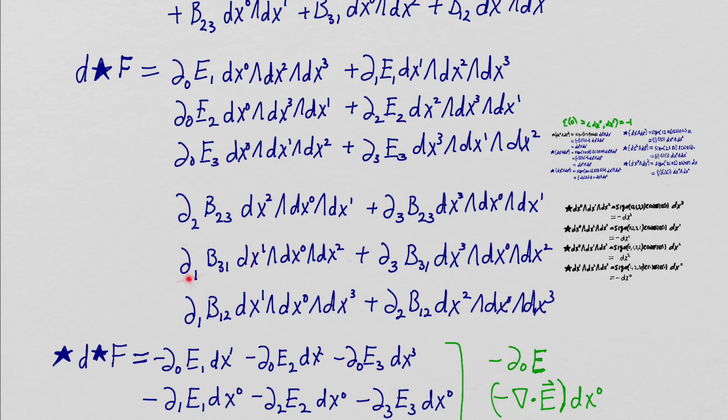And partial 1 of B 3 1. So these two are going to subtract once we realize we want to turn this into 0, 1, 2. So that's 1 flip and then 2 flips, so that'll be the positive term. And this will be 0, 1, 2, and then this will be the negative term with 1 single flip. So it'll be this one minus this one, I guess.